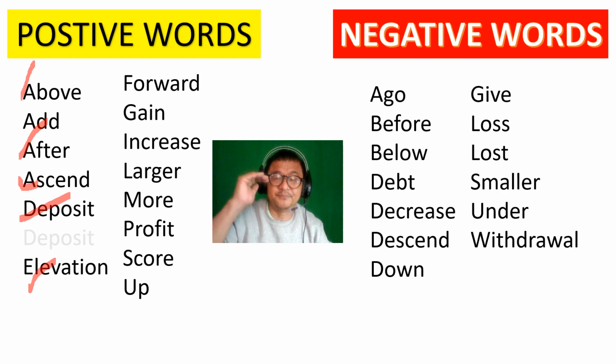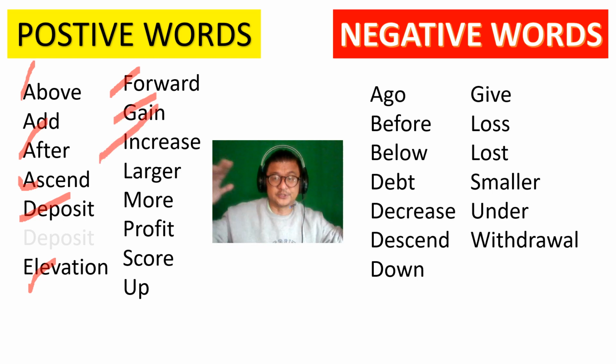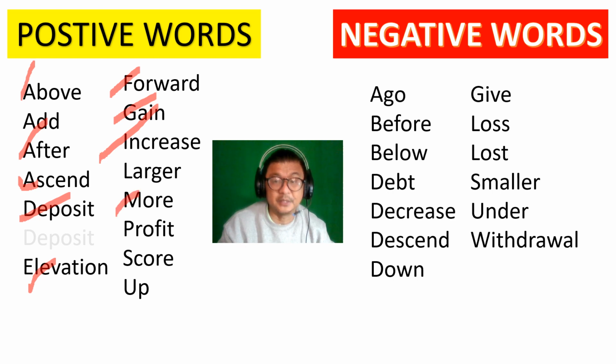Elevation, going up, is always positive. Going forward is positive. Gaining something, accumulating something, that's positive. Increase, larger, it gets bigger, that's positive. More is positive. Profit, when you earn profit from your business, that's positive. You got a score is positive. Of course, going up is also positive.